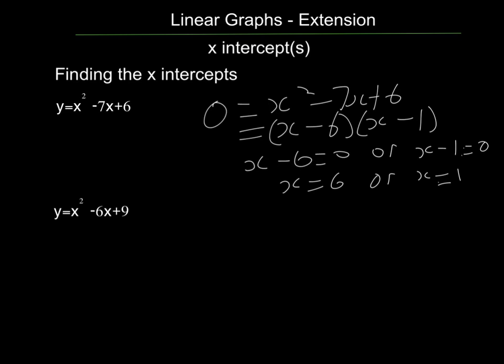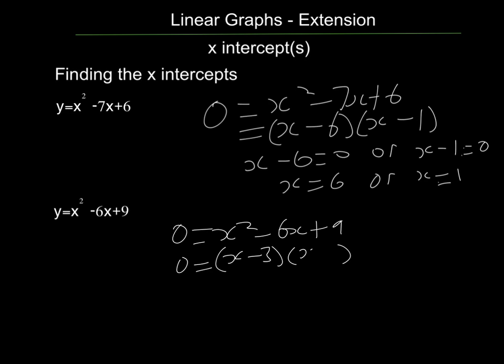For the next one, 0 will be equal to x squared minus 6x plus 9. So to factorise that, I need to make them both the same, so they'll need to be both x minus 3. And so therefore x is just equal to 3, or x is equal to 3.